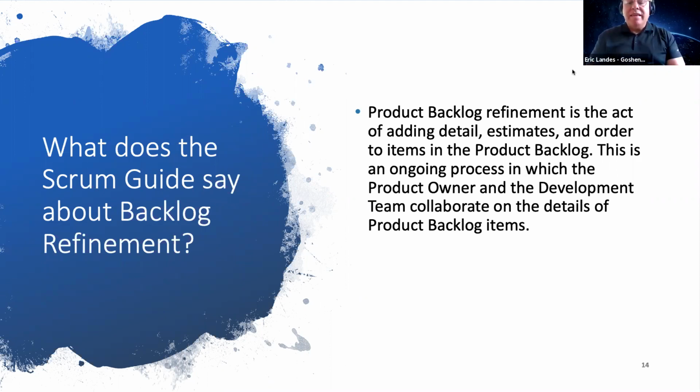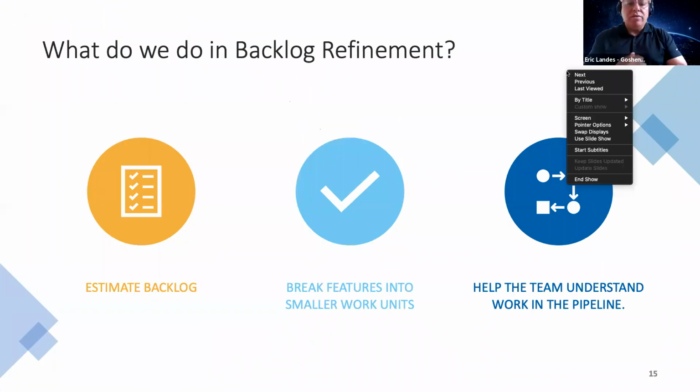So again, we've talked about self-organized teams in Scrum. It's a very big process there. And really that's something that we want to do in refinement. So what do we do in product backlog refinement?